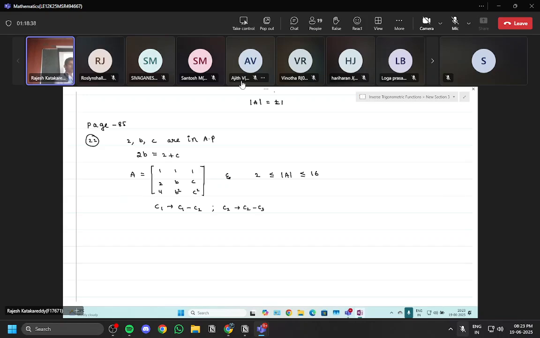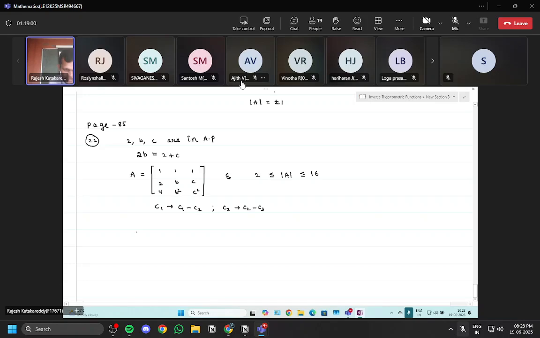If you do it, you make column 1 and column 2 proportional, and the determinant will always be 0. So the same two columns you cannot use in both ways, only one. Column 1 is changing, so 1 times column 1; column 2 is changing, sorry, 1 times column 2.